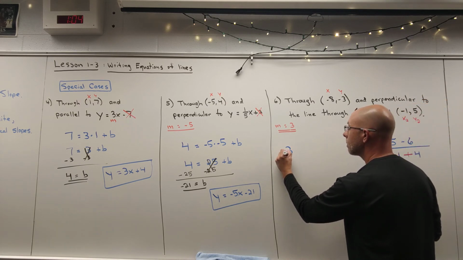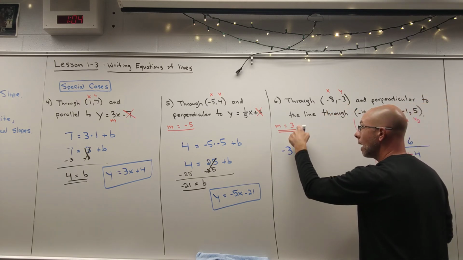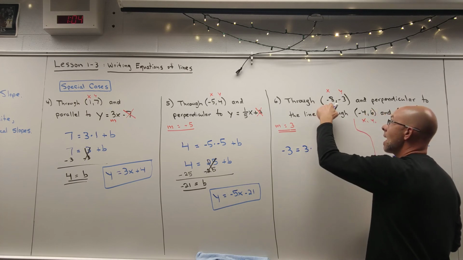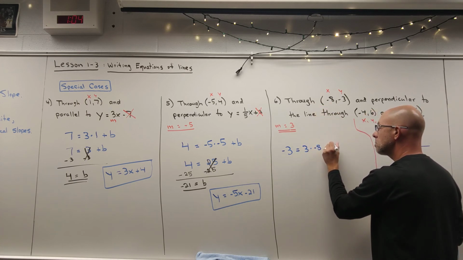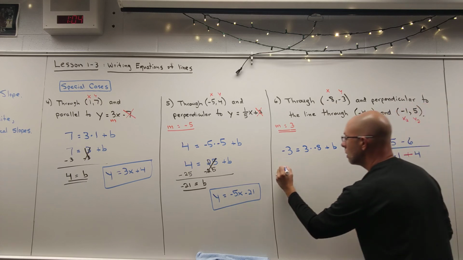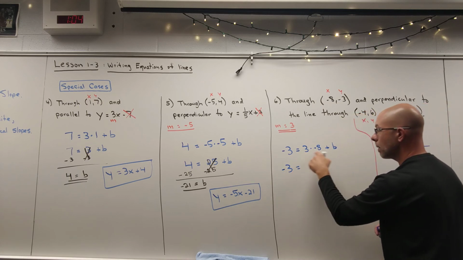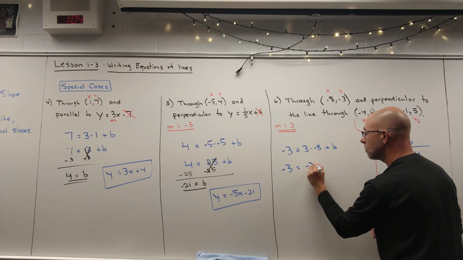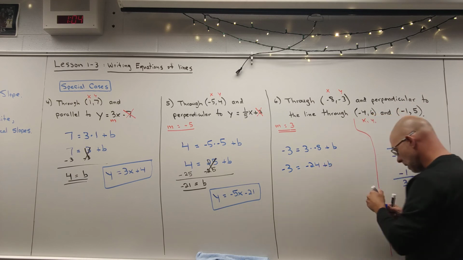Y equals m times x plus b. -3 equals, multiply these two, 3 times -8 is -24 plus b.